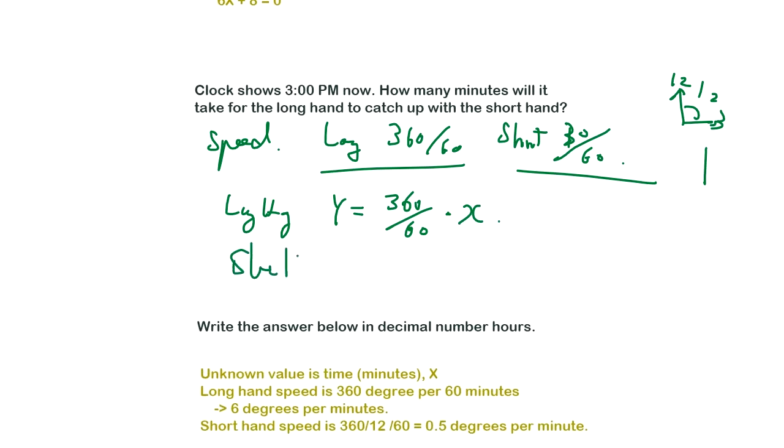The short hand, y equals, speed is only 30 over 60, right? But it starts with 90 degrees. 90 degrees in terms of minutes is 15 minutes, so 15. Okay, so we solve this simultaneous equation.